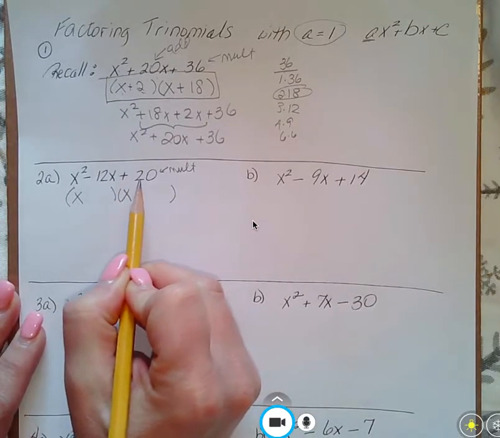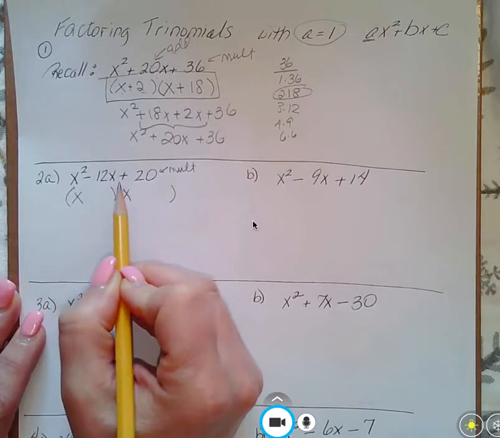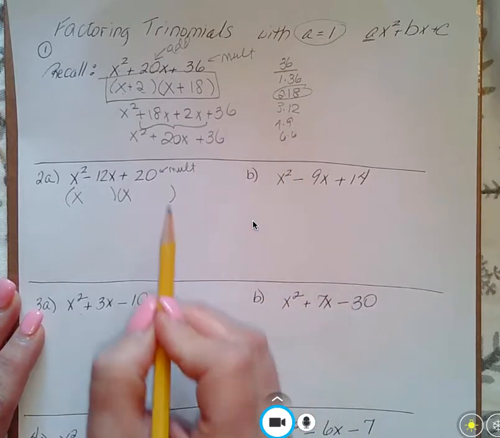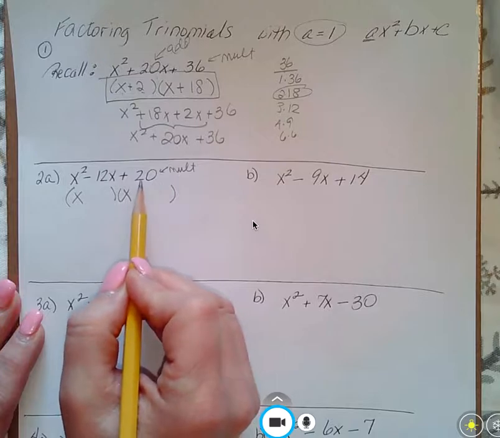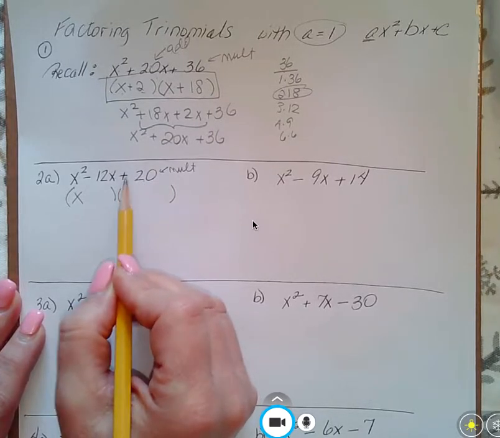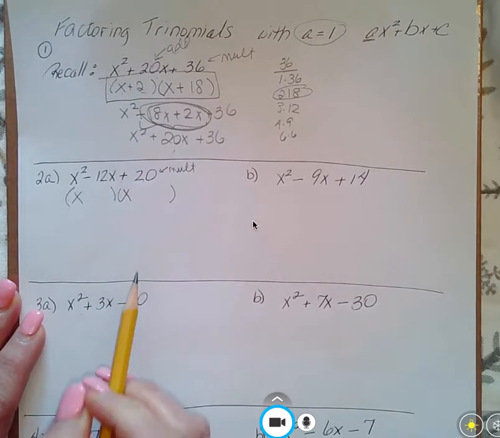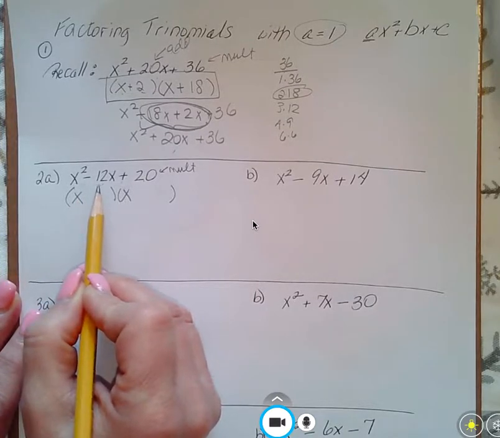The two ways you can multiply two numbers and get a positive are multiplying two positive numbers, or two negative numbers. A negative times a negative gives you a positive. And when we see what we did up here, we combined the numbers, and that's how we got this middle term. If you combine two negative numbers, you will definitely get a negative number.